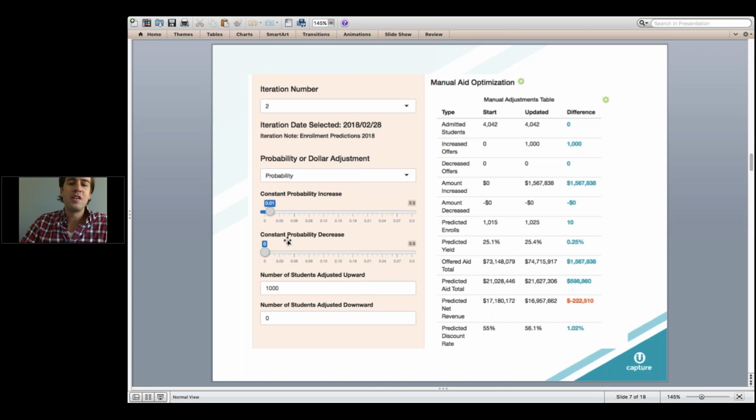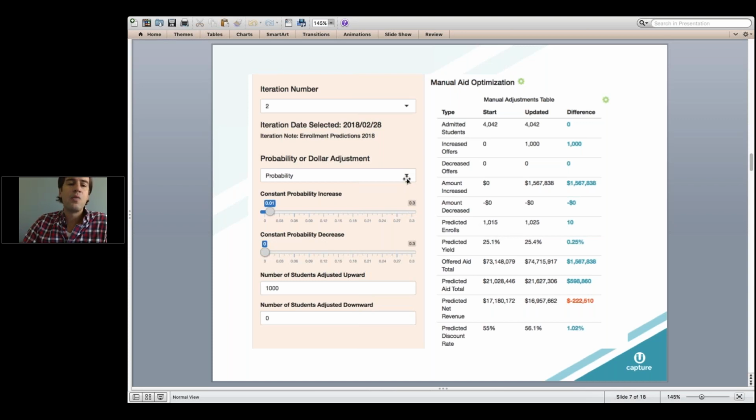So an example here, again, our faux state example, we're starting with a prediction of 1,015 students, and we say, oh man, we really need 10 more students to meet our class. How can we adjust our discretionary scholarship fund, the aid that we have control over, in order to get 10 more students?